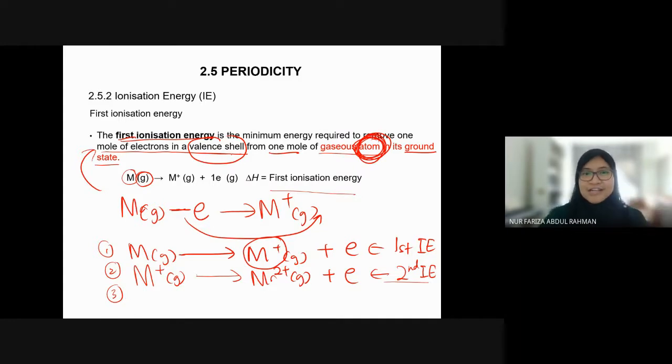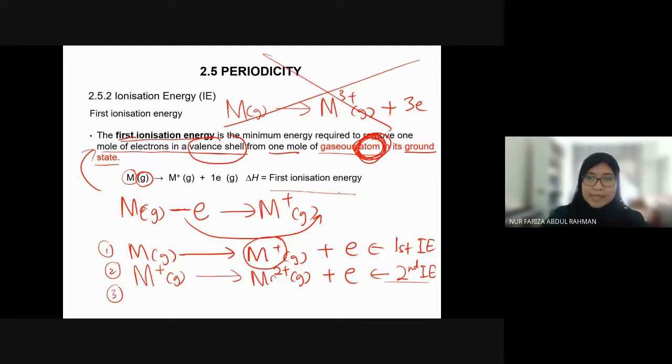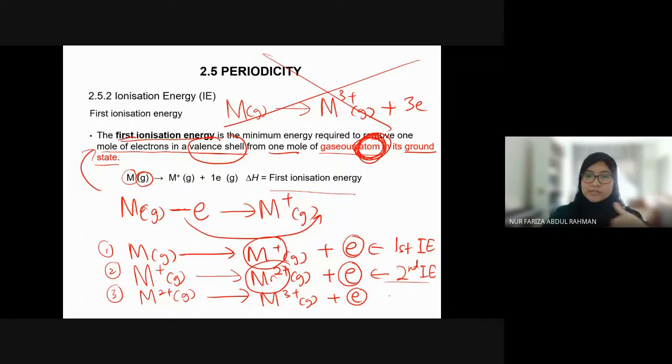So you pun bukan main, okay, M, buang 3 elektron, so dia akan jadi M3 plus in gas state plus 3 electron. Okay, this is wrong. It need to be done stepwise. Maksudnya kalau nak tunjuk third ionization energy, it should be from M2 plus, okay, M2 plus will become the reactant here in gas state becoming M3 plus gas, okay, plus electron. Nampak tak? This step by step. Satu elektron, and so on. So this is the third ionization energy.